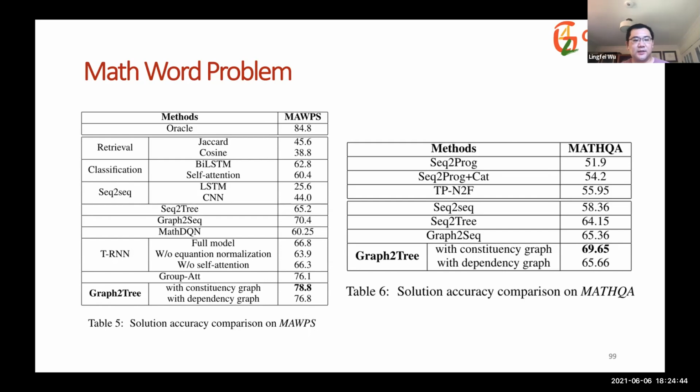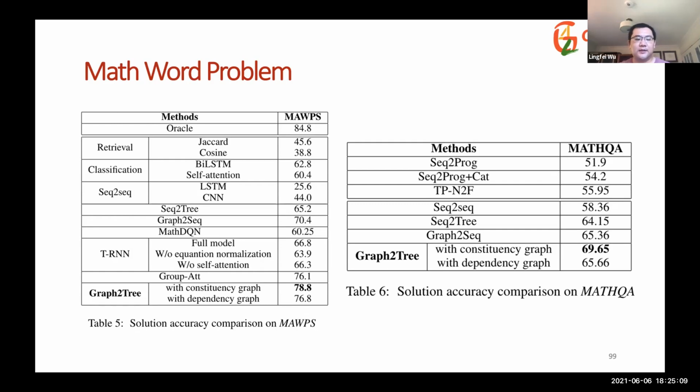The first observation is that, since we fully consider the structure information on both sides, input and output, our approach outperforms all existing approaches that are either based on the sequence or based on the word sequence.